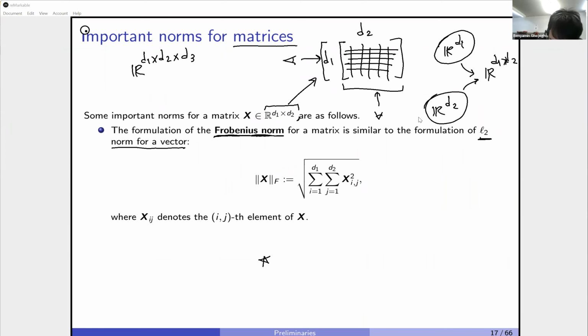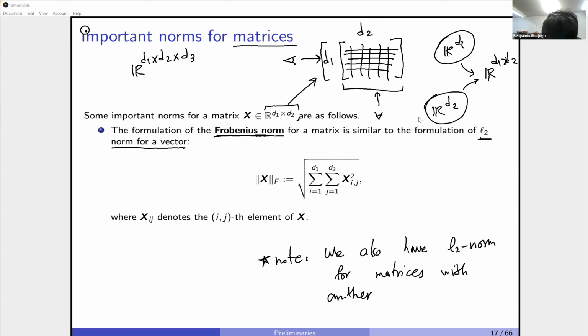Note, we also have an L2 norm for matrices with another definition. This is out of the scope of this course.